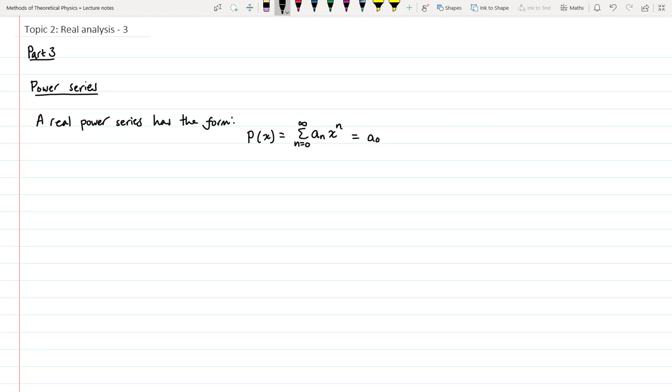So we understand this as meaning a0 plus a1 x plus a2 x squared, and so on. So a_n here are real coefficients.